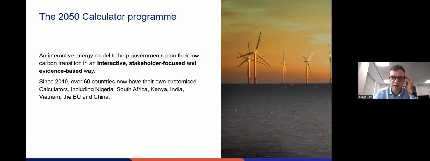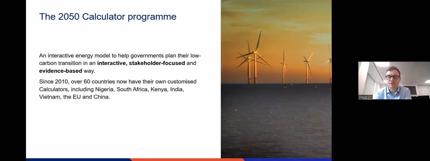It's stakeholder backed. It's very transparent, and so it's intended to be open source and interactive. And so we're thrilled that there's these 60 countries around the world which now have them. We even have it at a city level as well, to really be able to support a wide range of countries and governments to build out their decarbonization pathways.